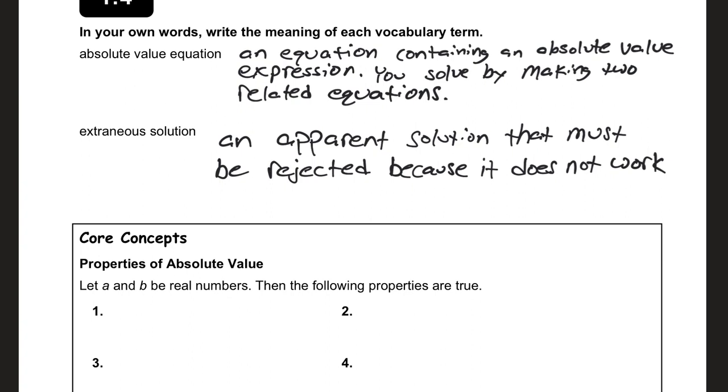So if you see solutions, we go back and check them. If it looks like it should work, but when you go back and check it, it actually does not work, that's called an extraneous solution.